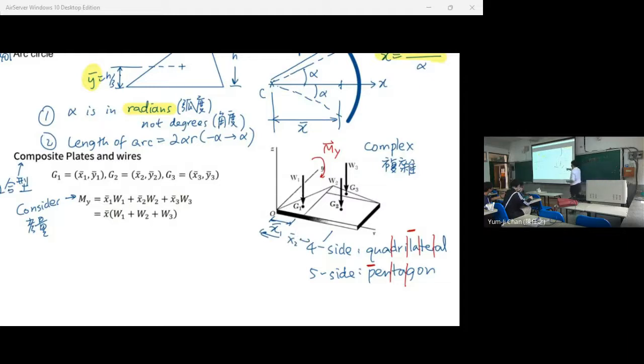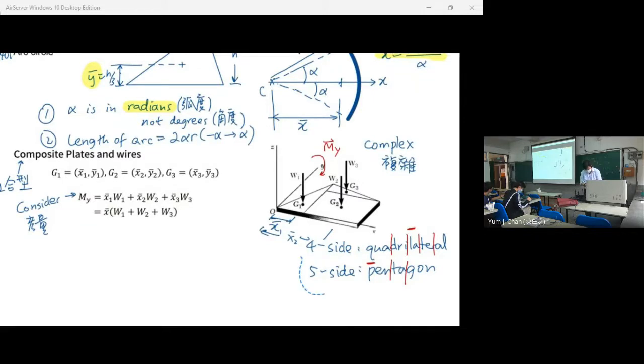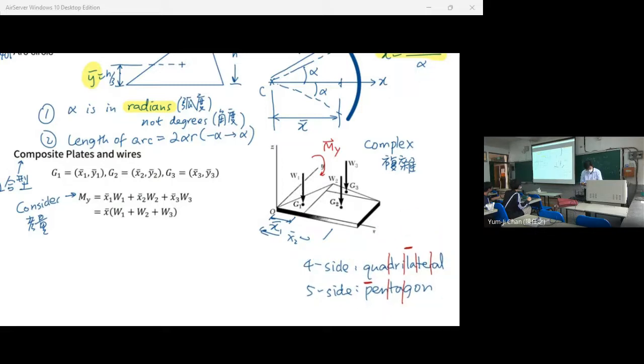Let me move this away. This one is x2 bar and the last one is x3 bar. So the total moment about the y-axis is equal to this one, right? This is the total moment.